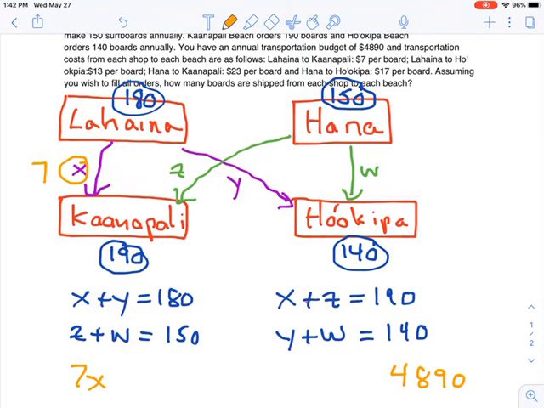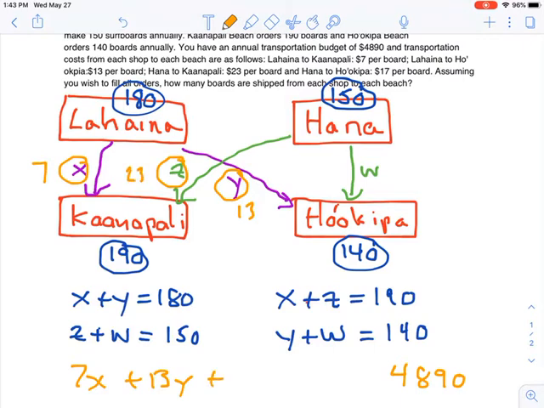From Lahaina to Hukipa is 13. So that means we would have to multiply Y by 13. From Hana to Kaanapali, that's my Z, that's going to be multiplied by 23.